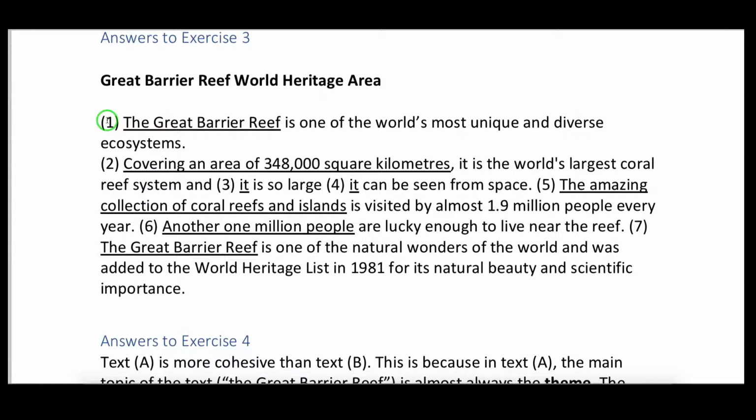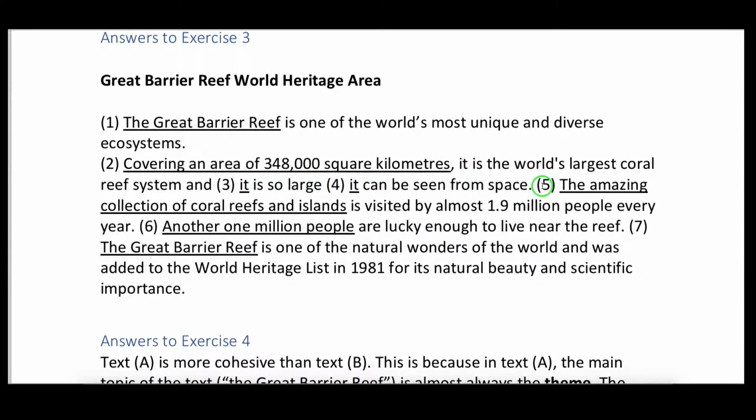You could also say it is the world's largest coral reef system, covering an area of 348,000 square kilometers. But then it kind of interrupts the flow of these clauses that come after it. And so that's why it's a good choice to put the dependent clause first.